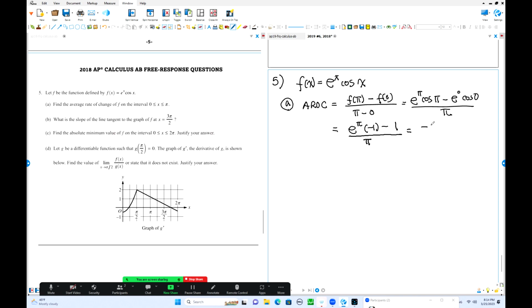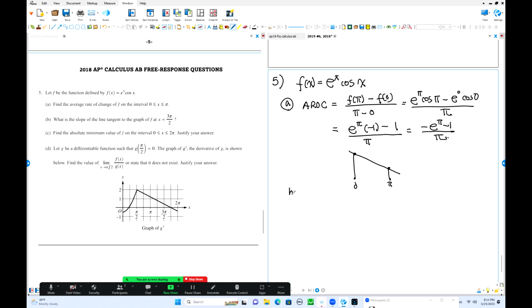So actually, negative e to the pi minus 1 over pi. Okay? That is the average rate of change. Is it okay? The slope is negative, right? This slope, 2 points, 0 and pi. The secant is a negative slope, okay?